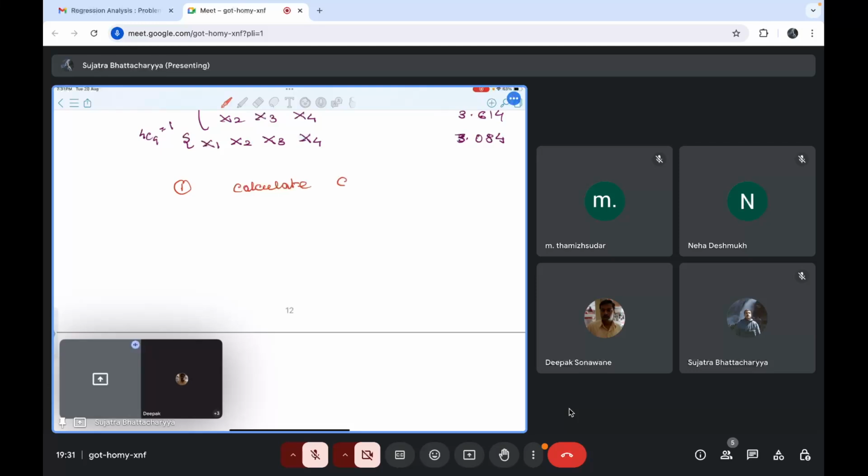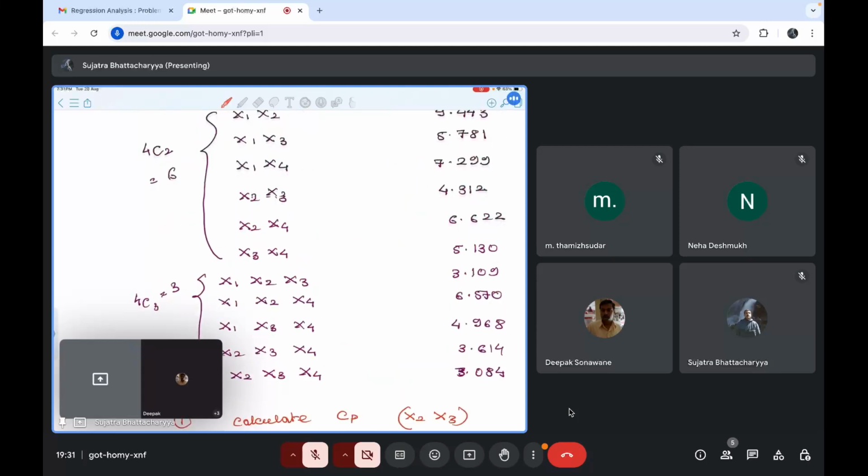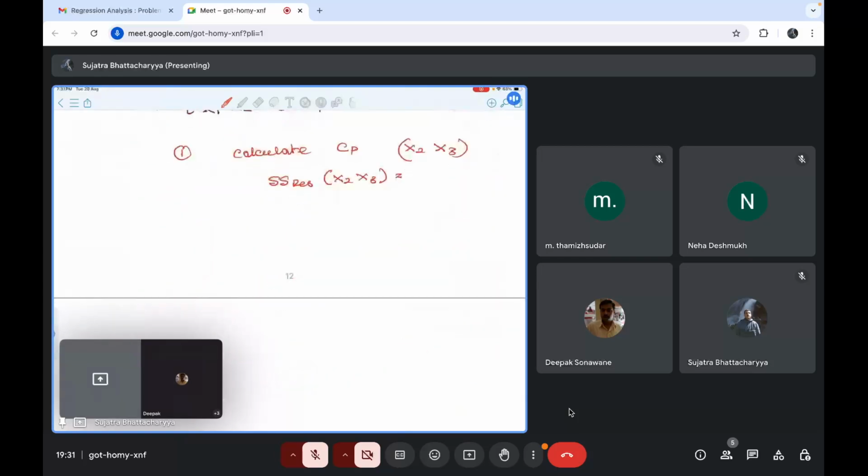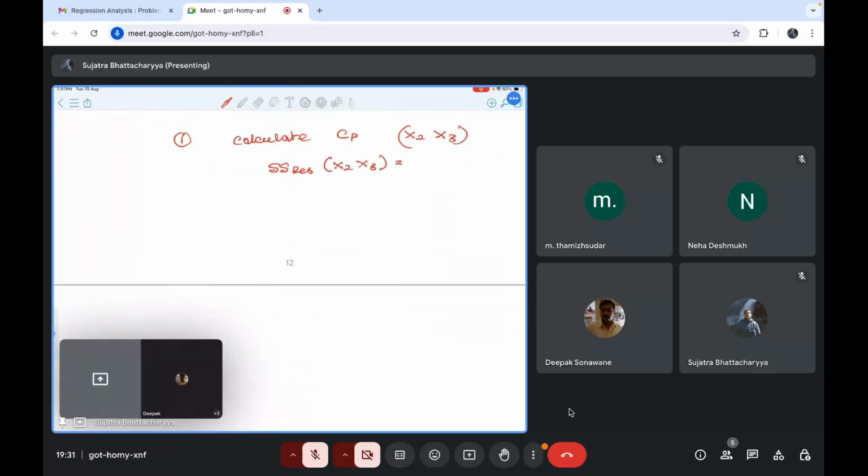Calculate Cp for x2, x3. So what we need to find out is SS residual for x2, x3. Let us find out x2, x3. 4.312.